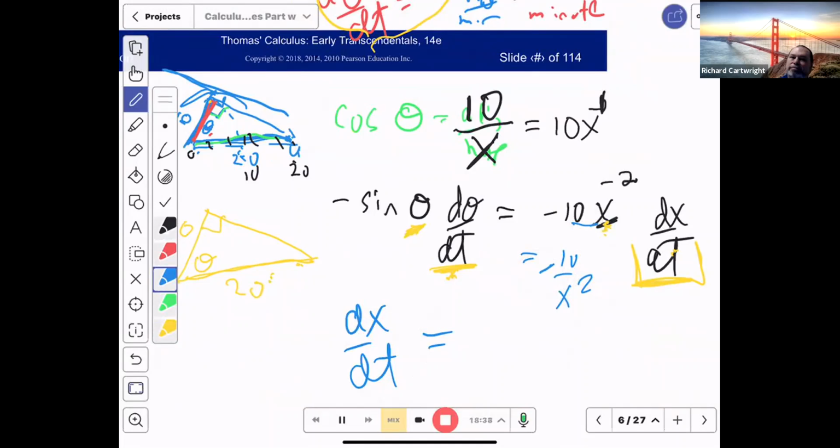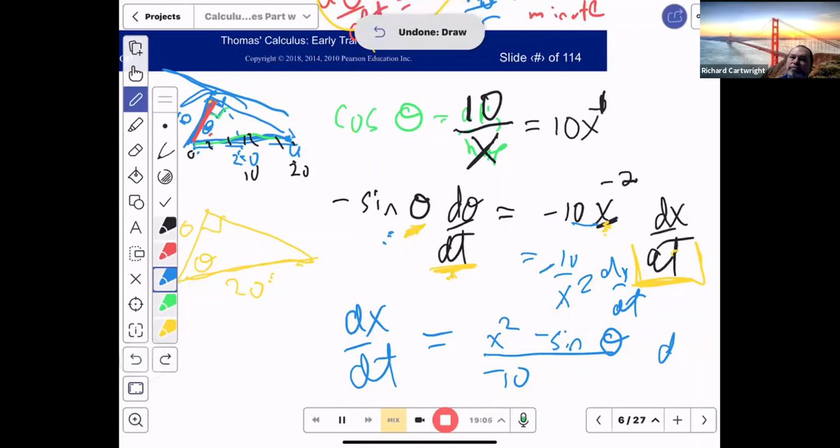So if I look at it like this, dx dt, it'd be the same thing as multiplying both sides by an x squared, and then dividing both sides by a negative 10, multiplied by that negative sine of theta, which I don't know yet, and then I have a d theta dt, which, oh, I do know d theta dt. Why don't I just skip that one step and put what it is? D theta dt was a negative pi, wasn't it?